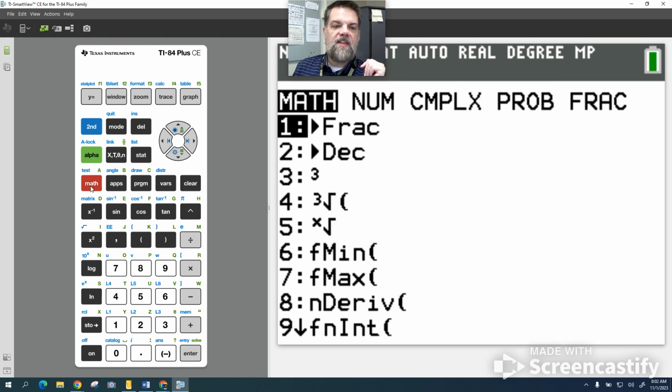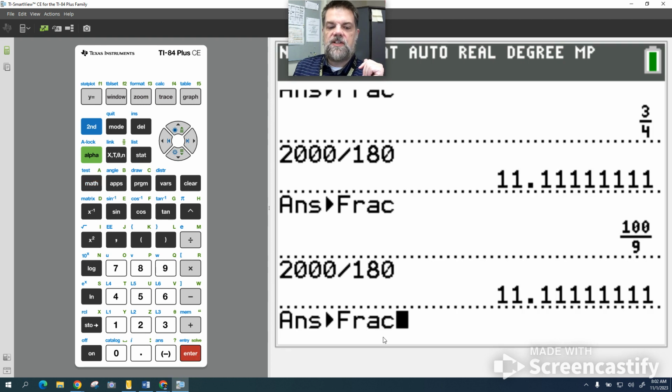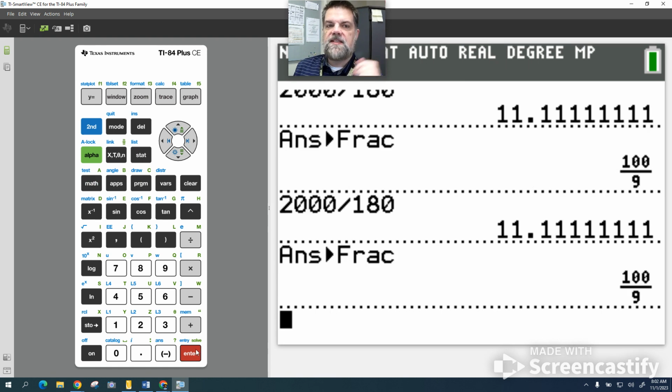If you hit the math button, the very first option is converting to a fraction. So when I hit enter, it's going to take the answer, which is this 11.11111 repeating, and convert it into a fraction. So now when I hit enter, well, bam, I get 100 over 9.